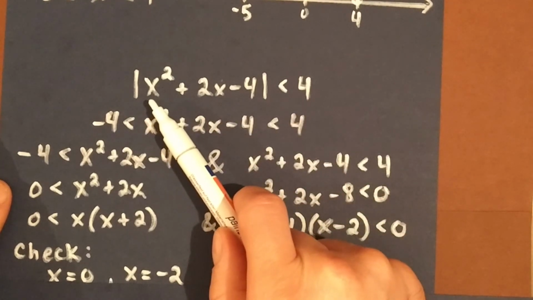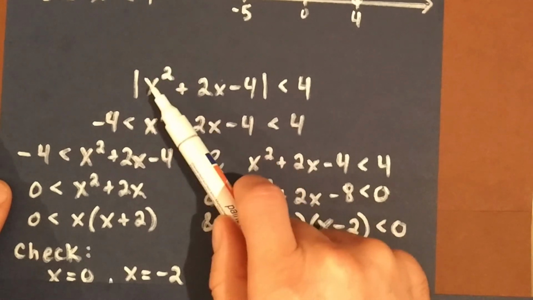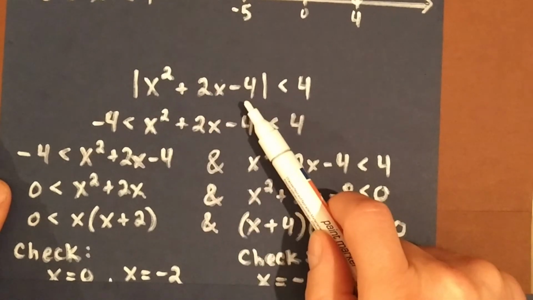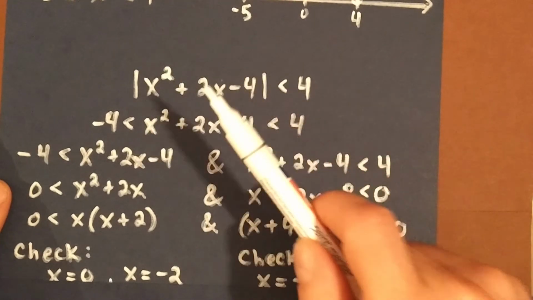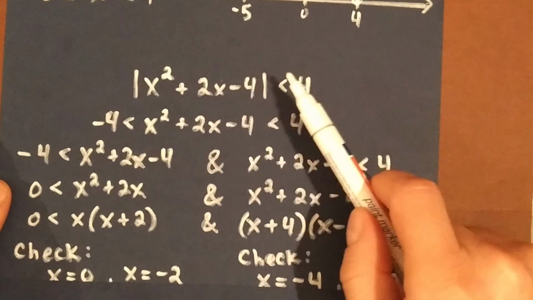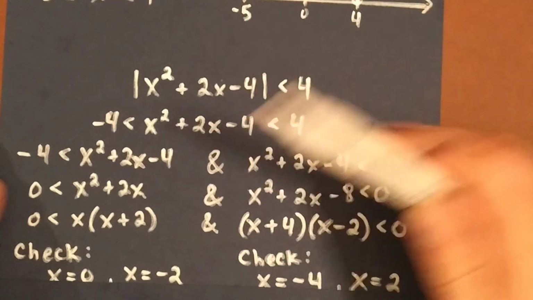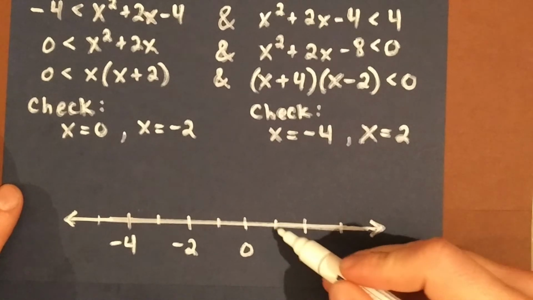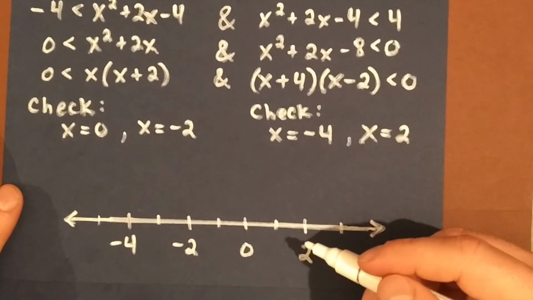So substituting 1 in for x, we get 1 squared, 1, plus 2 is 3, minus 4 is -1. Absolute value of -1 is 1, and 1 is less than 4. So it's true. So when I check 1, it works, right?